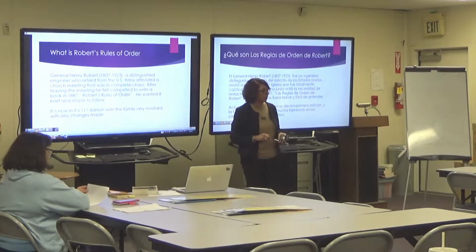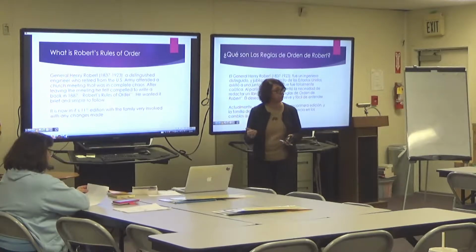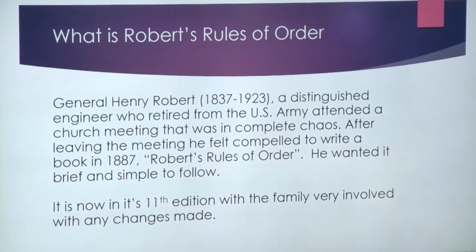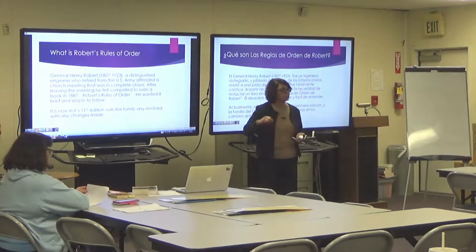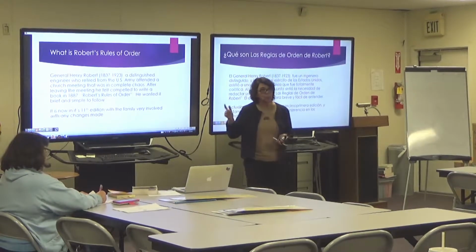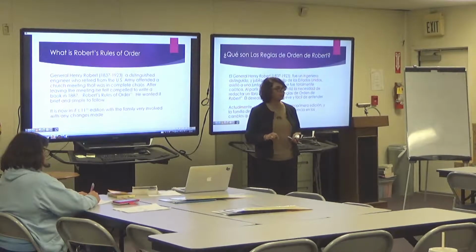When he went to a church meeting in 1887, he had already been a general and very involved with government issues and the service, but that meeting was so chaotic, with people yelling, people out of order, people insulting one another and saying disrespectful things, that he came home that night and said, I need to write out the rules for parliamentary procedure.